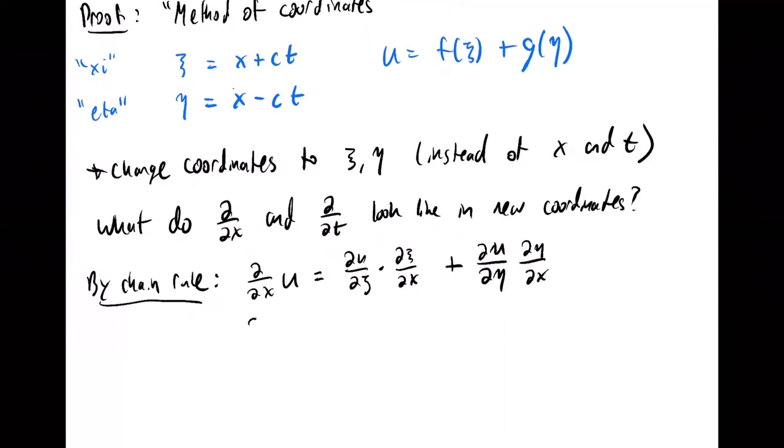Similarly, if I use the chain rule to take the partial derivative with respect to t, the derivative of u with respect to t should equal the derivative of u with respect to xi times the derivative of xi with respect to t, plus the derivative of u with respect to eta times the derivative of eta with respect to t.